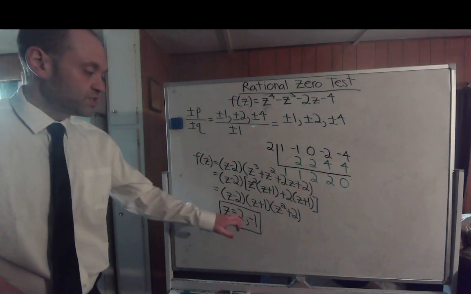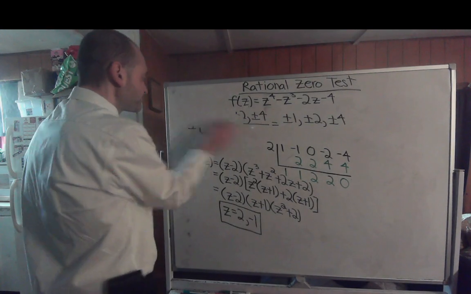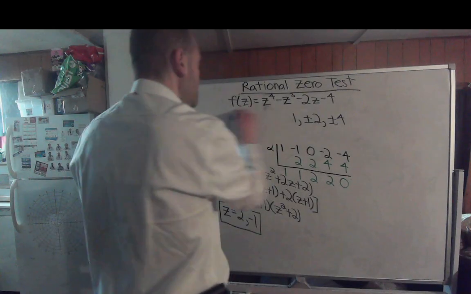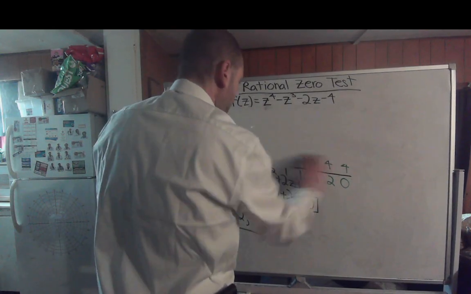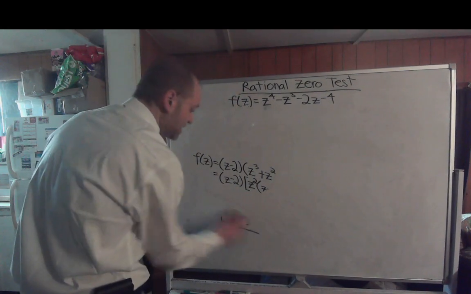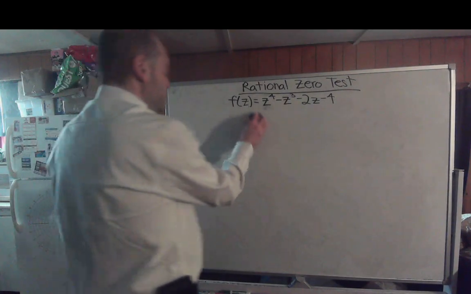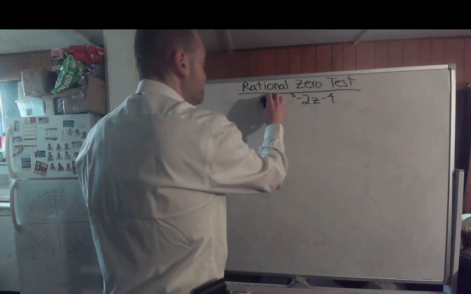So z equals 2 and -1. Now there will be problems, unfortunately, where you may have to do the rational zero test and use synthetic division multiple times. You will sometimes have that, so just a heads up.